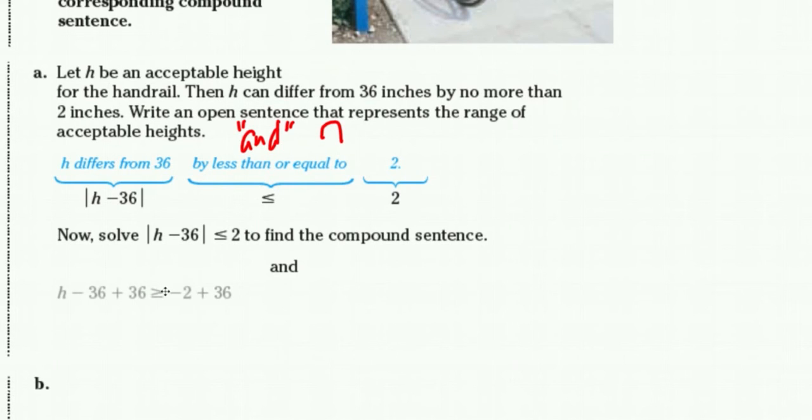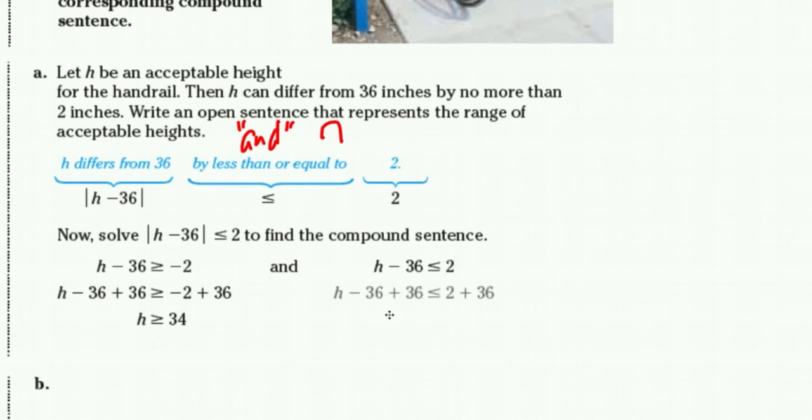You have the first one, which is h minus 36 is greater than or equal to negative 2. Again, we know how we got that negative 2. We simply multiply both sides by negative 1 and switch the inequality. Then we solve for h: add 36 to both sides, and we end up with h greater than or equal to 34. And the other case is h minus 36 is less than or equal to 2.